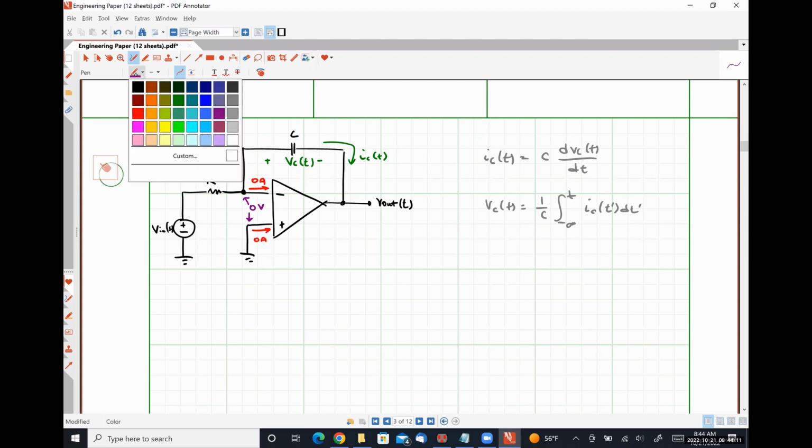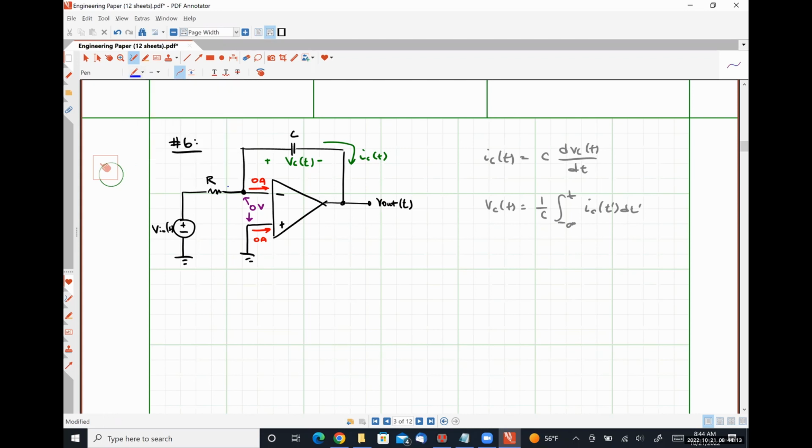So now I'm going to write my Kirchhoff's current law equation. And I'm going to say that the current in is equal to the current out. So that means Vin minus 0 over R is equal to IC.